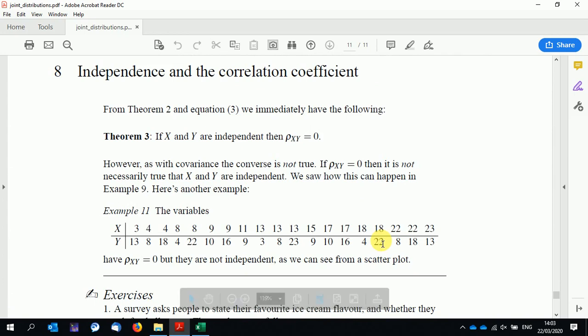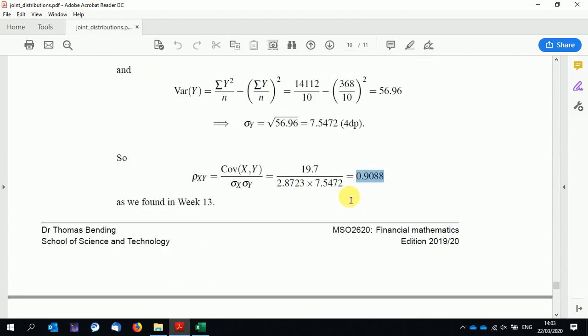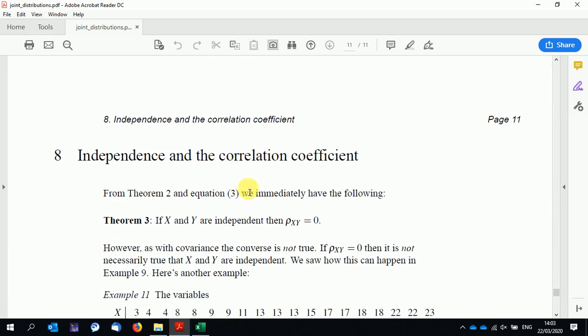Similarly, if x and y are independent, then the covariance is 0. Now think about it. If covariance is 0, 0 divided by whatever number I have will give me the correlation coefficient 0. So that's the connection between independence, covariance, and correlation. So if x and y are independent, earlier we saw that covariance was 0.